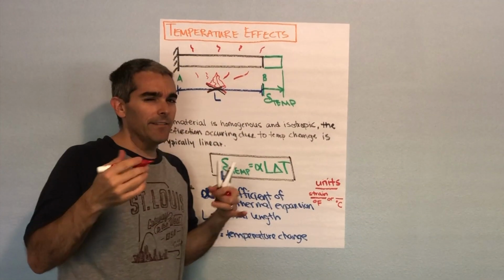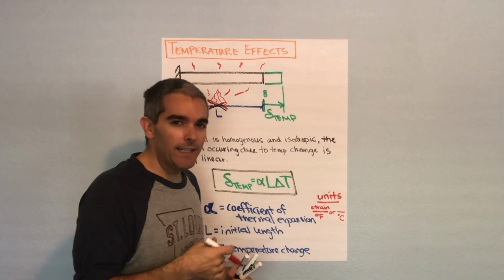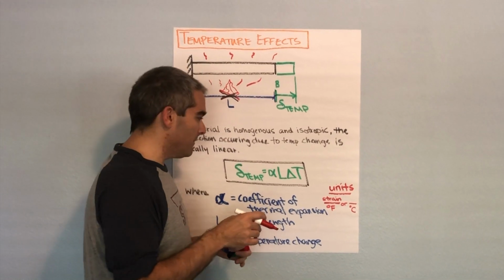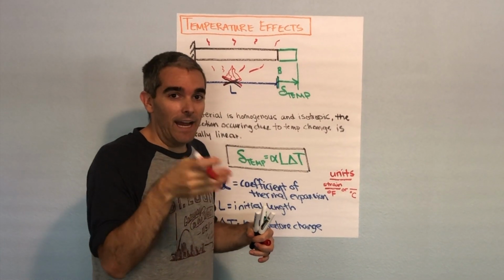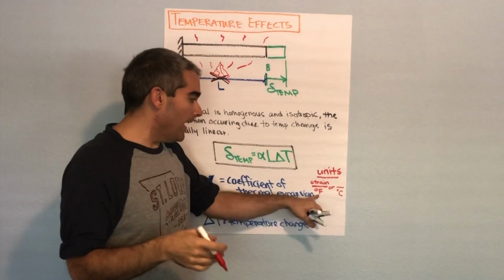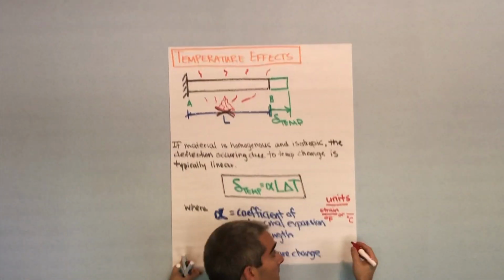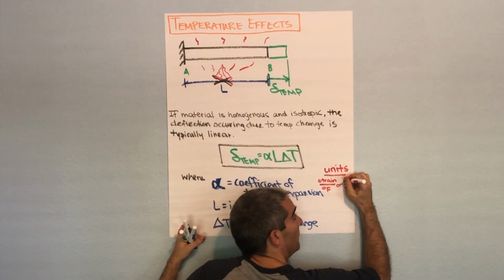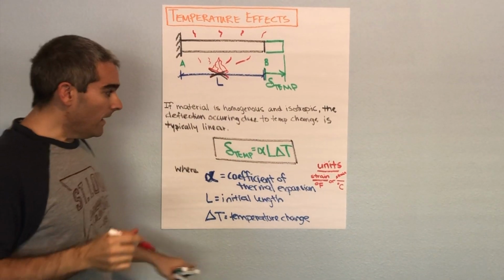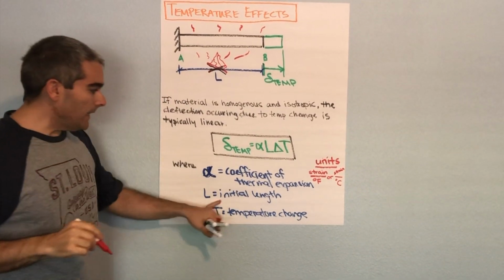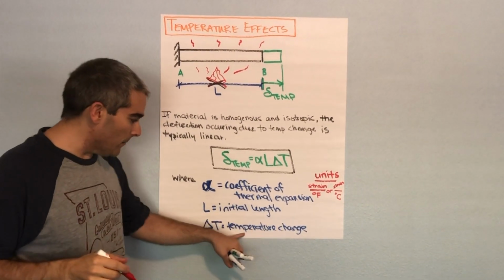So I like to think of it as strain per degree Fahrenheit, but a lot of times when we see this variable, it'll just be some number with a little division sign, like per degree Fahrenheit or per degree Celsius, depending upon what unit system you're looking at. So I'll jot in strain there. Length is just going to be in whatever unit system you're looking at, and temperature as well.